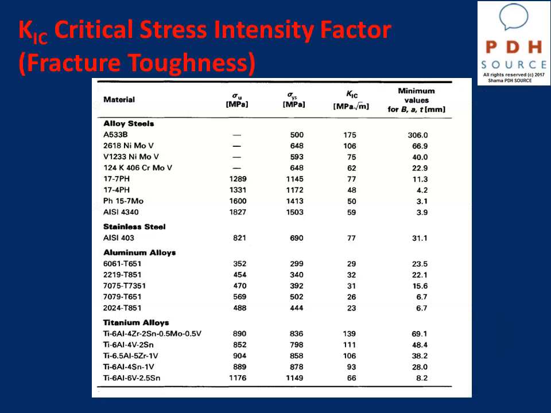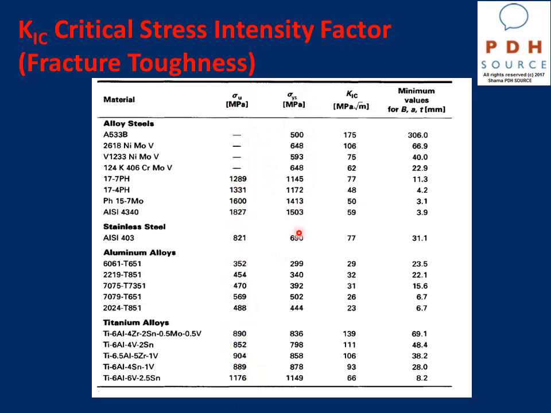This table shows some values that were obtained for the critical stress intensity factor, fracture toughness K1C. In the first column we have the material name. So we have here several alloys of steel, stainless steel, aluminum alloys, and titanium alloys. In the second column, the ultimate stress of the material is listed.